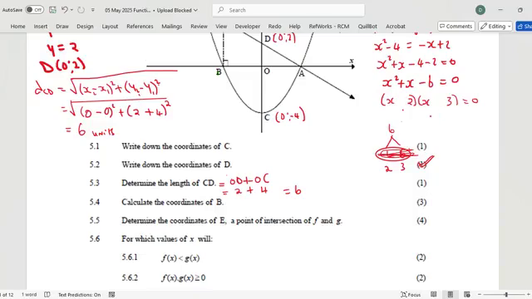Now we can worry about the signs. We are sure that x and x is the factor, 2 and 3 is the factor. Now we just worry about the sign. Which one will be positive? Which one will be negative? 2 will be negative, 3 will be positive.